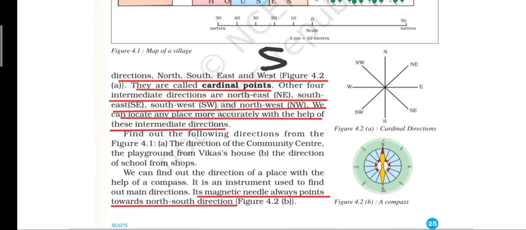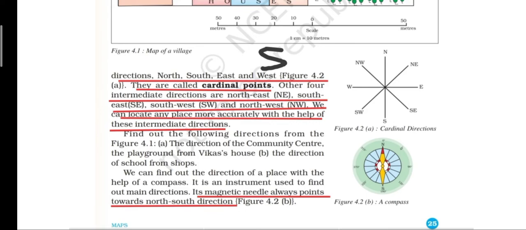So in that way they can save themselves and get an idea about the directions also. So a compass is a very useful instrument, and nowadays the facility of a compass is on your smartphones also. If you have a smartphone at home, take it and see where the compass is and how it works. You can check for yourself also, children.